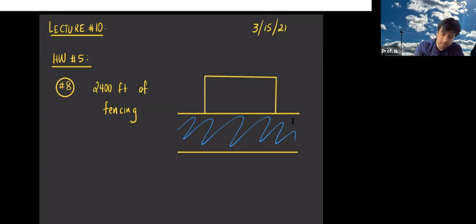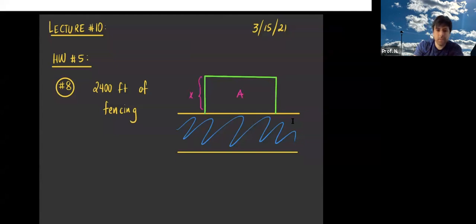And it says this is A and this is X. You want to find the dimensions of such a field that's drawn this way. So the fence is not built along the border of the area and the river, but instead around here, on the other edges. So this is going to be my fence, right?